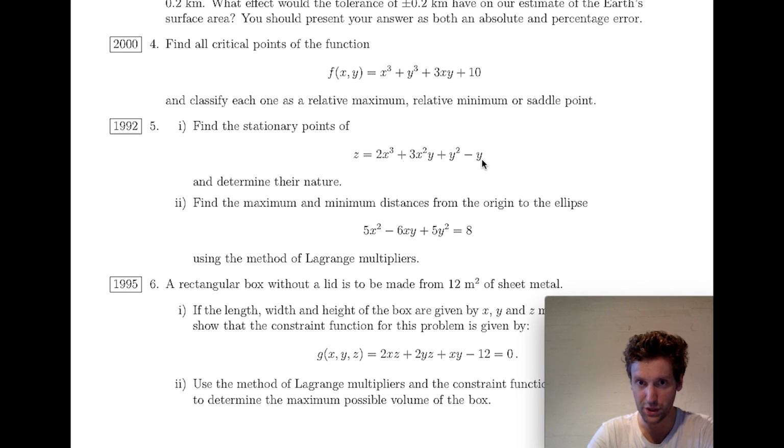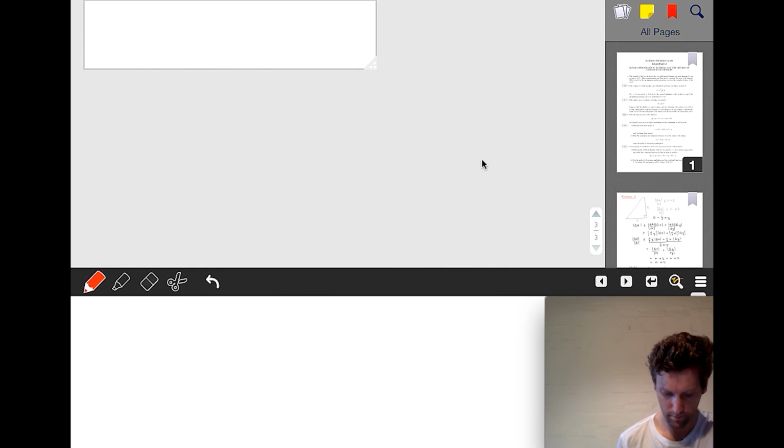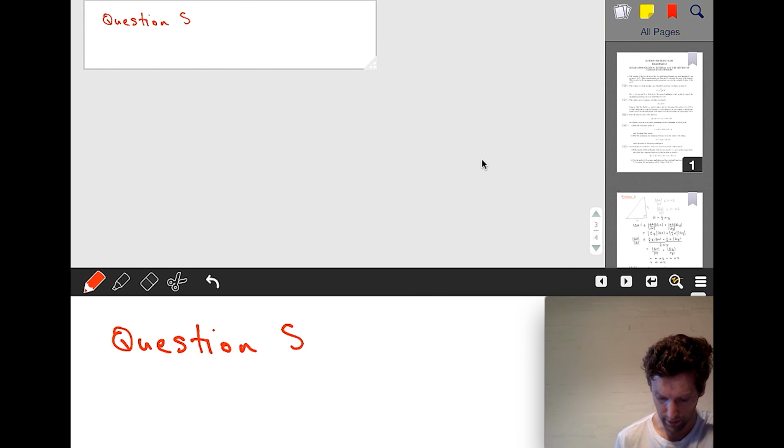We need to find the stationary points of that function and determine whether they're max, min, or saddle points. So this is question 5. And I'm going to start with part 1 of this question.